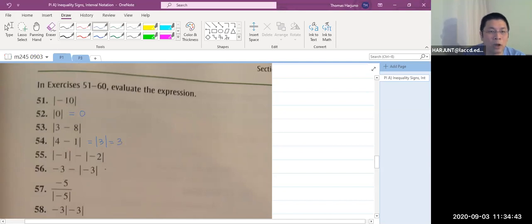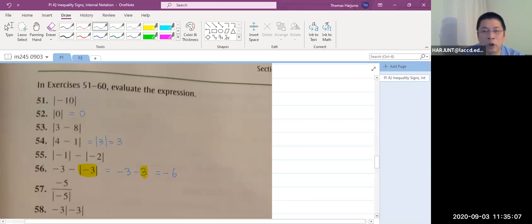Now how about this guy, number 56? I will take care of this absolute value first. What is absolute value of negative 3? That's 3, right? So negative 3 minus 3 is negative 6.